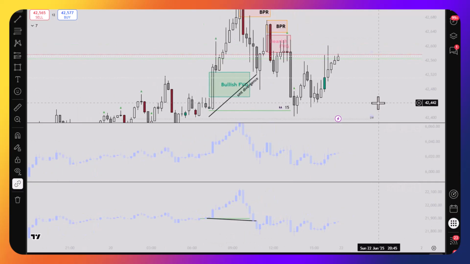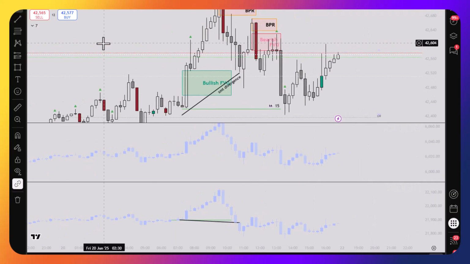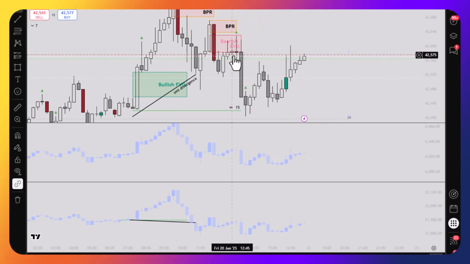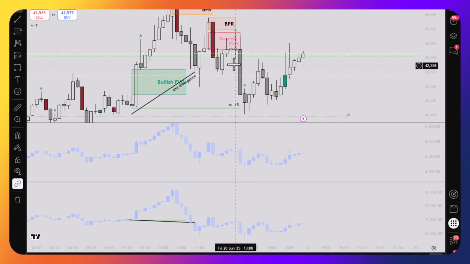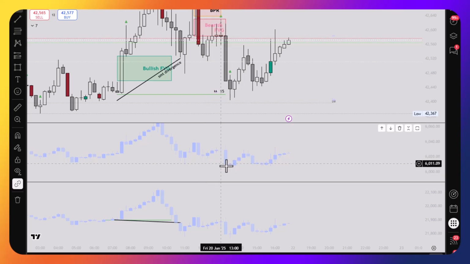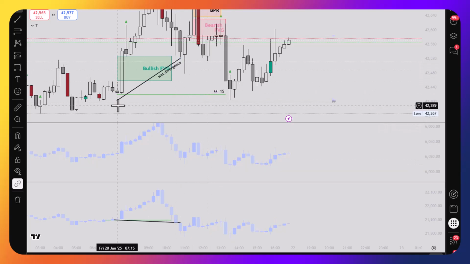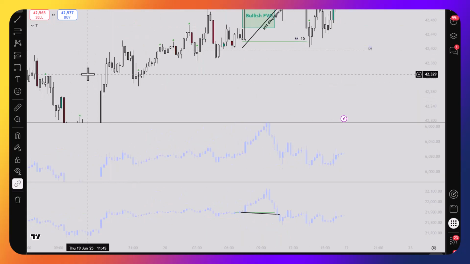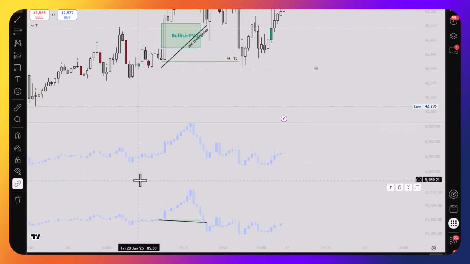And then here on YM, we ended up making another 15-minute precision swing point that gave us one more leg down. And then NQ made a lower low, YM made a lower low, but kind of held up. It didn't take the Asia low, while NQ did take it.